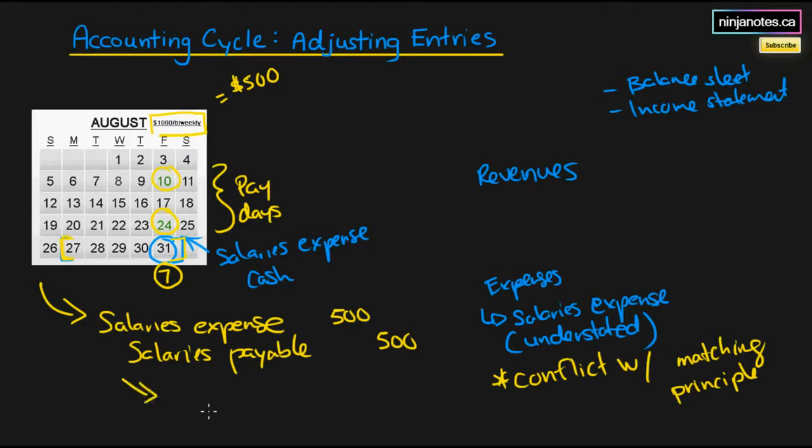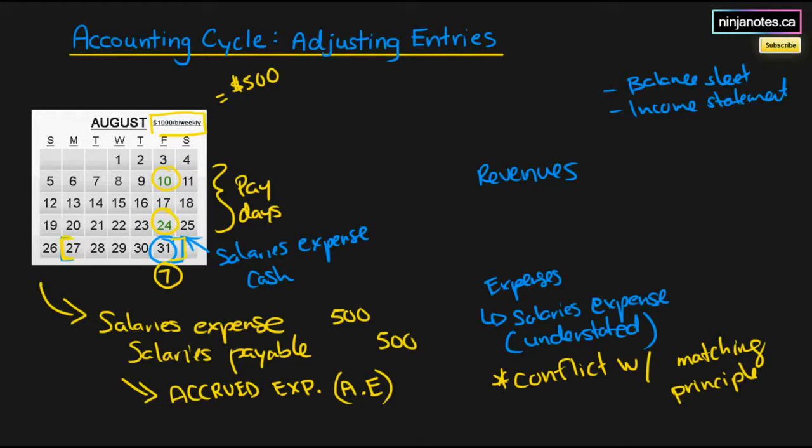And this is known as an accrued expense adjusting entry. And I'm just abbreviating the adjusting entry part because it's really long and I don't have a lot of room.